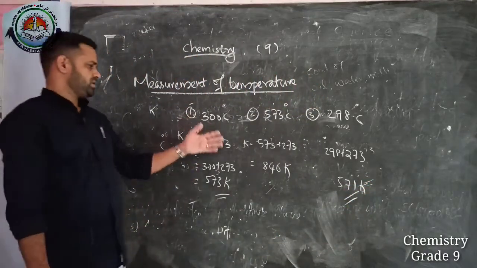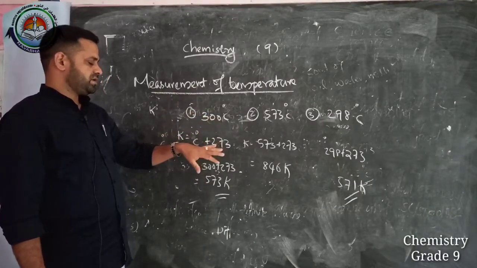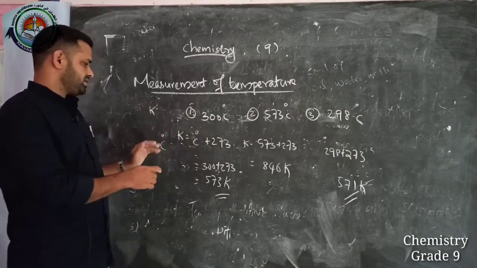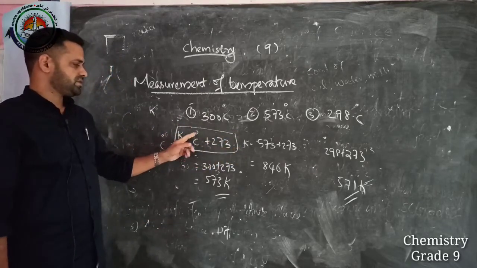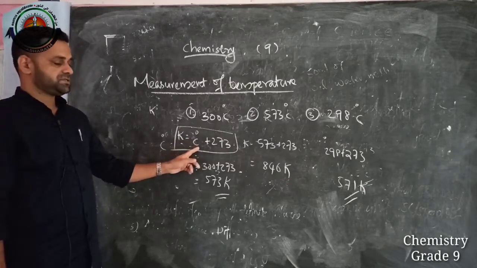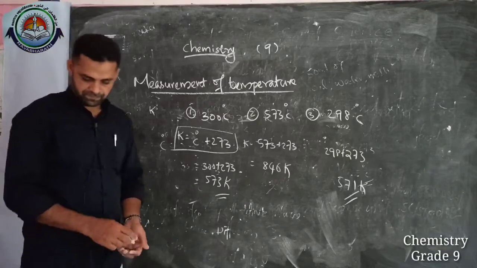So, in order to convert degree Celsius into Kelvin scale and Kelvin scale to degree Celsius, just remember this relation: Kelvin scale is equal to degree Celsius plus 273, or degree Celsius is equal to Kelvin scale minus 273. Okay.